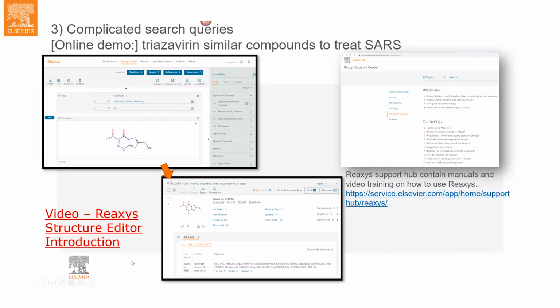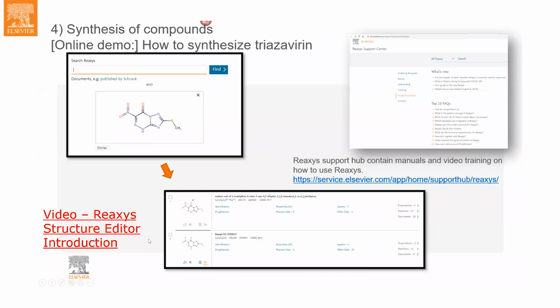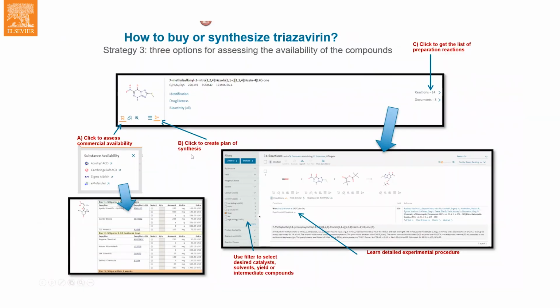Additional information about using the structure editor is available in this video. And we already have the demo about the synthesis of different compounds. So let's go. We also discussed several strategies for how to assess how to synthesize the compound.